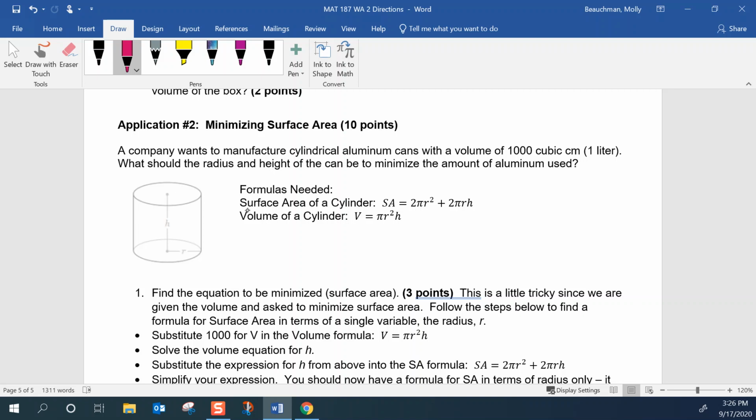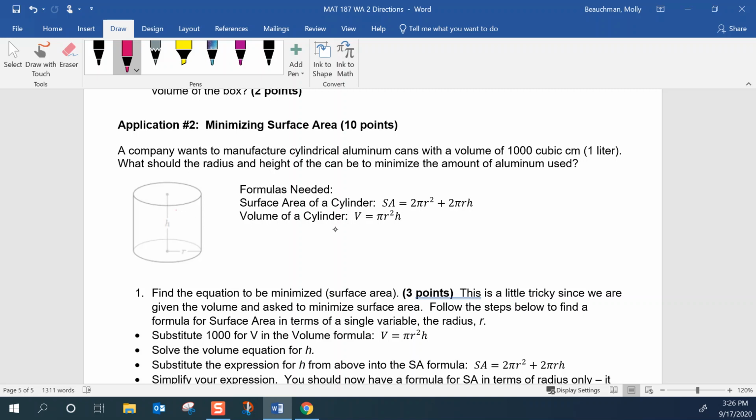In this case, we need to know the formula for surface area of a cylinder. Surface area is 2 pi r squared, those are the two circles added together, plus 2 pi r h. If we were to cut the can and unfold that rectangle, it would be the circumference of the circle times the height. That's where that formula comes from.